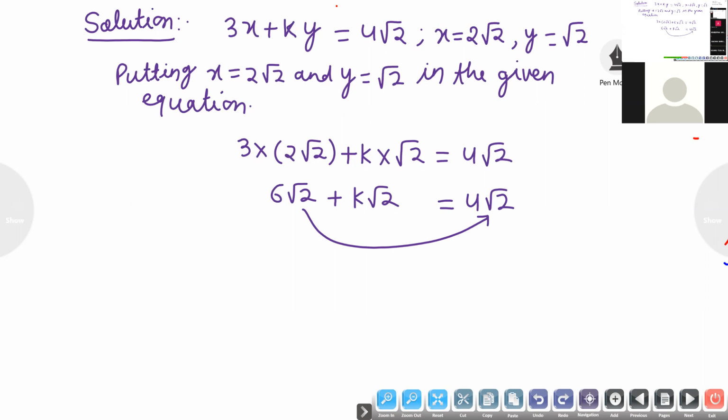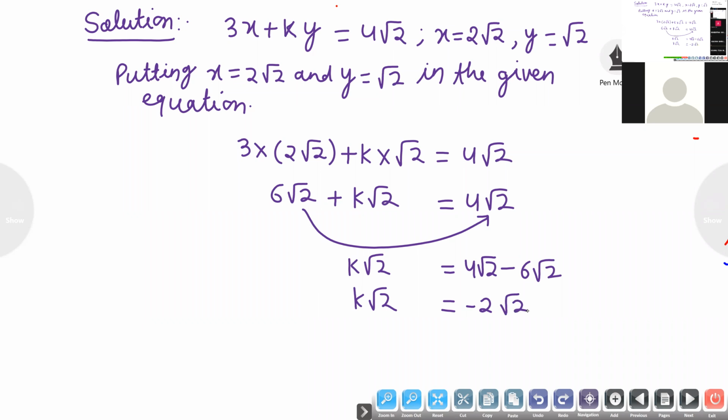Then k square root of 2 is equal to 4 square root of 2 minus 6 square root of 2. Square root of 2 is common; 4 minus 6, signs are different, is minus 2. So it is minus 2 square root of 2.